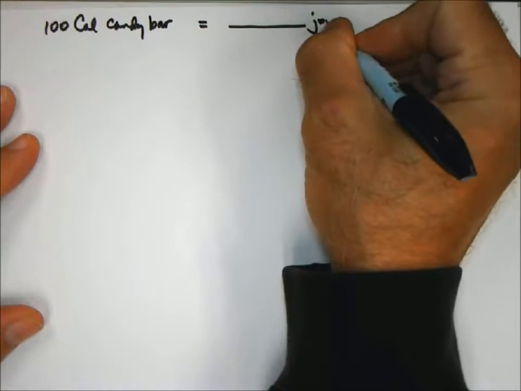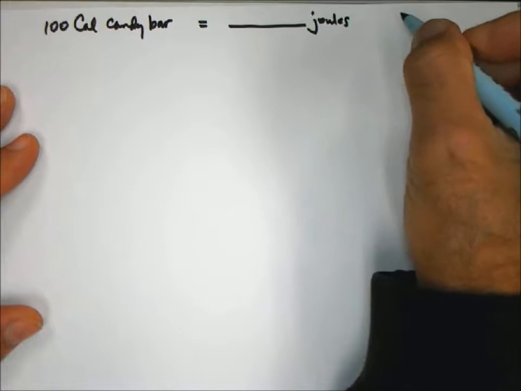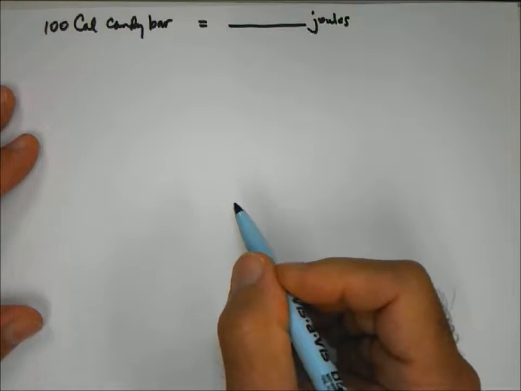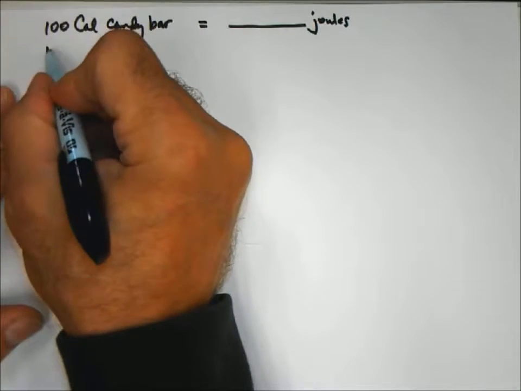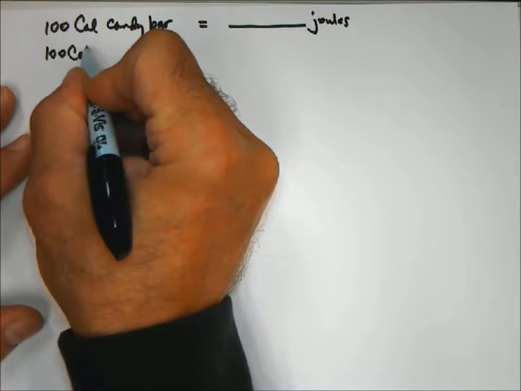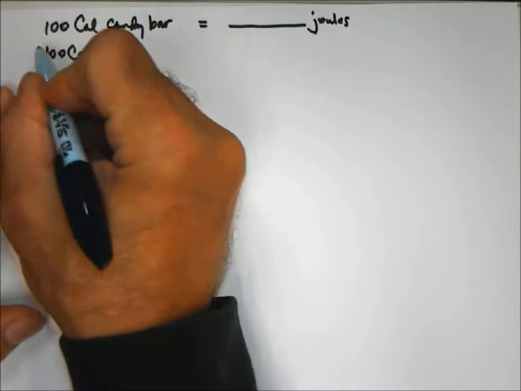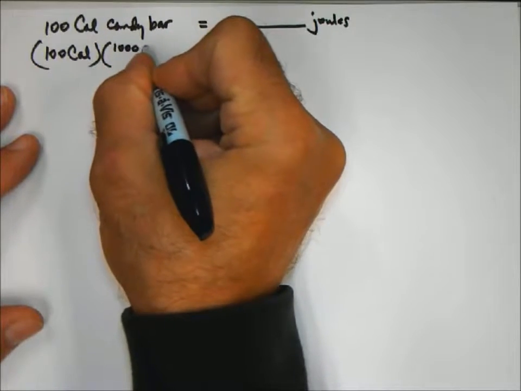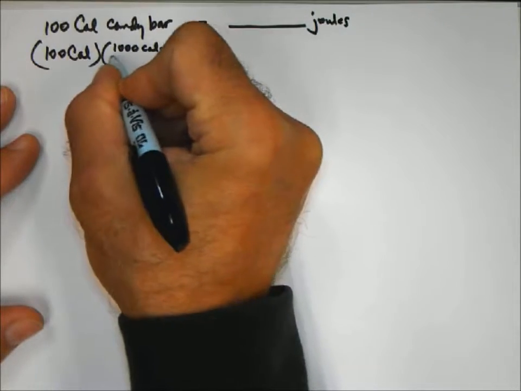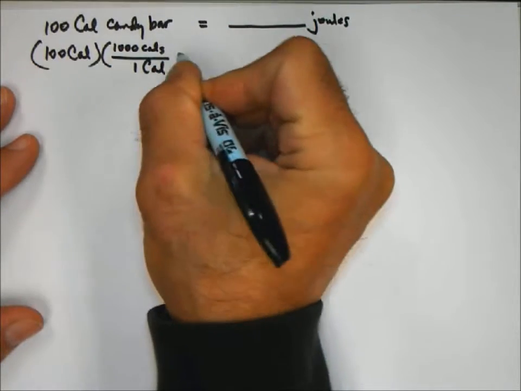Okay, well, as we saw before, I'll just use the factor label method this time. We have 100 calories. And I remember that there are 1,000 little calories per 1 big calorie, or nutritional calorie. I set it like that so that the big calories will cross cancel.